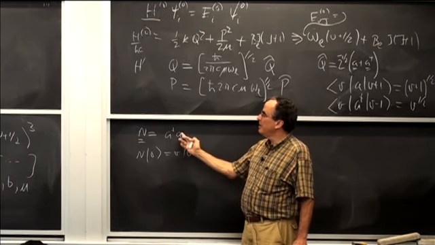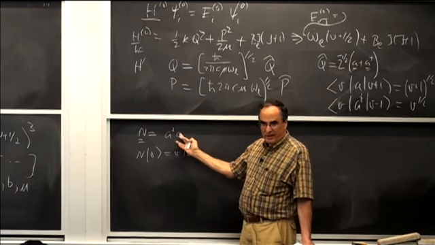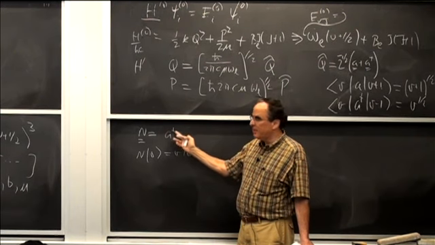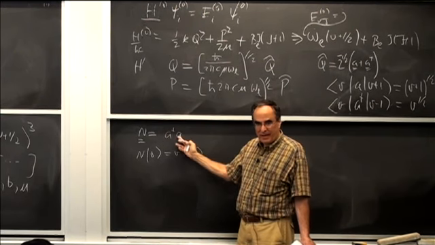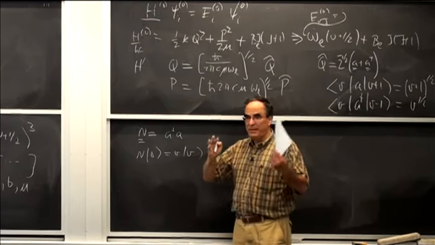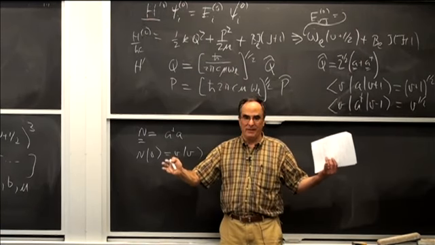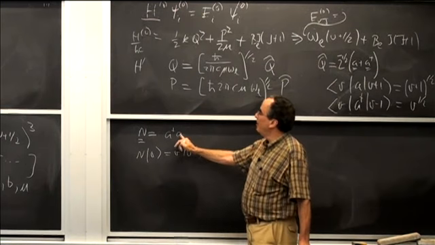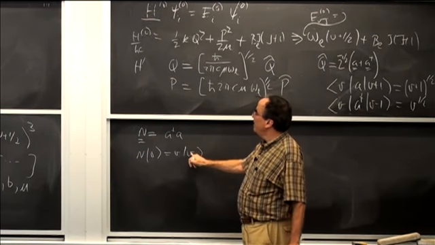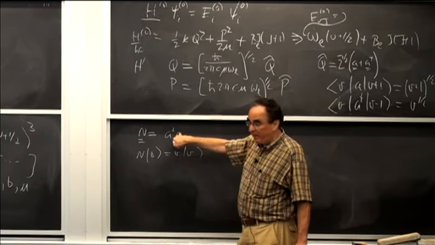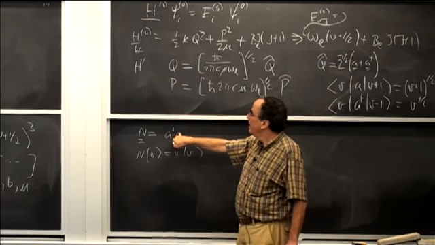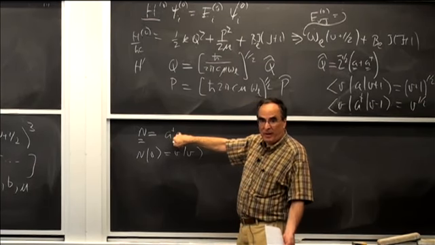And see, A lowers v, A dagger raises it. So if we have an equal number of A's and A daggers, the matrix element in question is diagonal in v. So now you look at this and you say, well, I'm going to apply this to the v state, and I'm going to decrease v by 1.